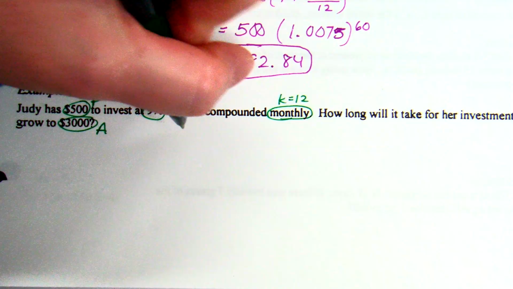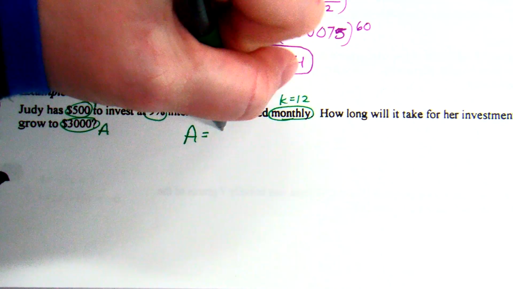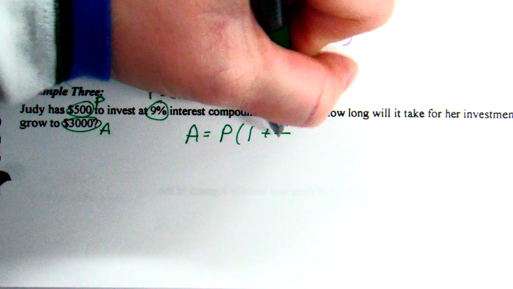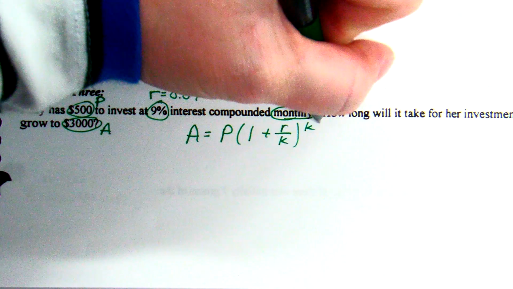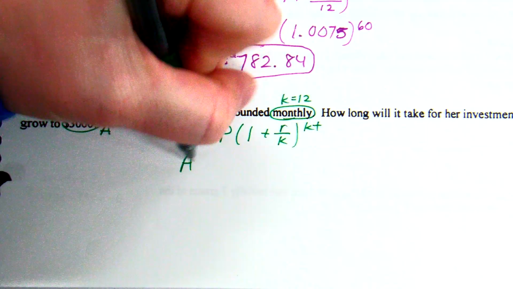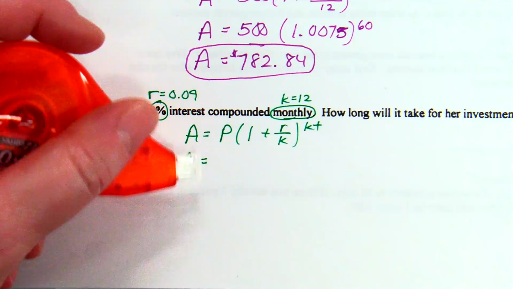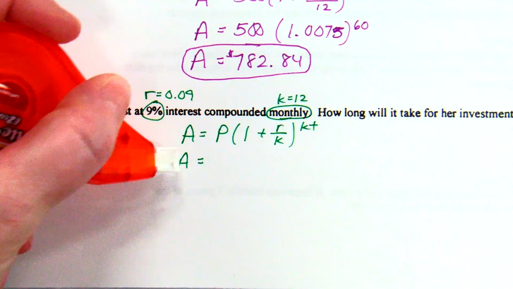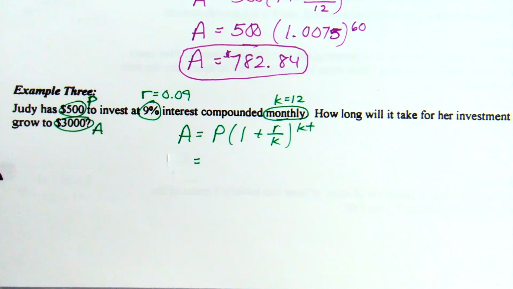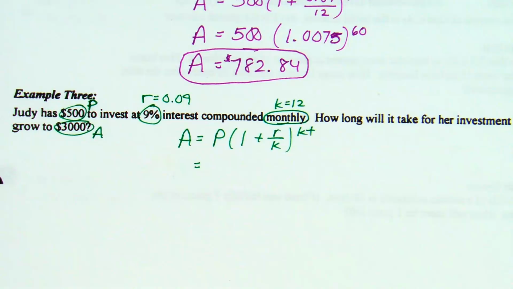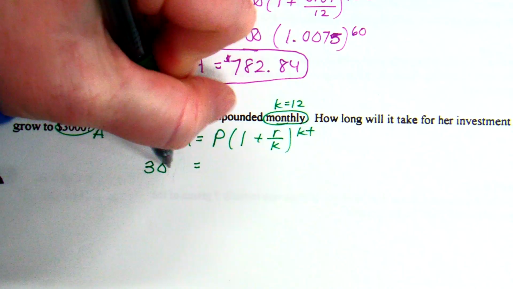So let me write down my formula and set it up. A equals P times 1 plus R over K raised to the KT. Anyone catch what I just did out of habit? Okay. A. What can we fill in for A? 3,000.